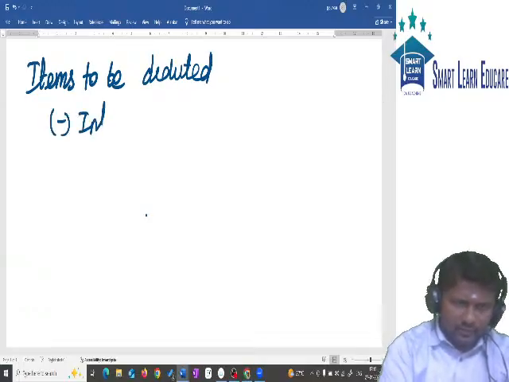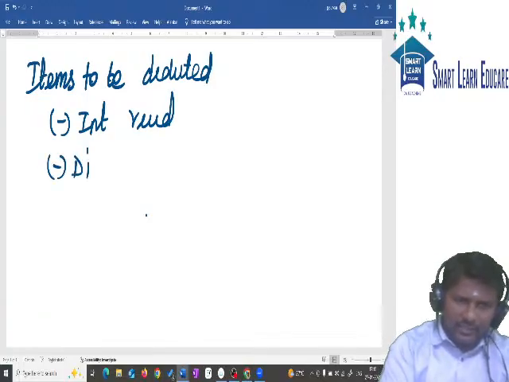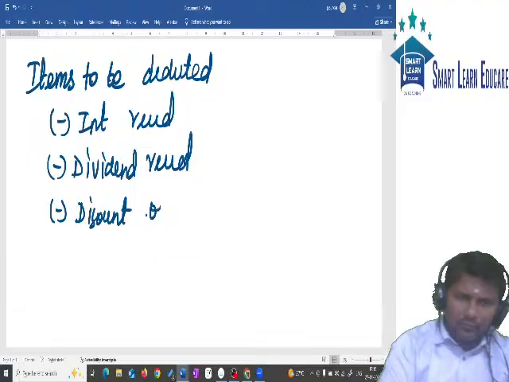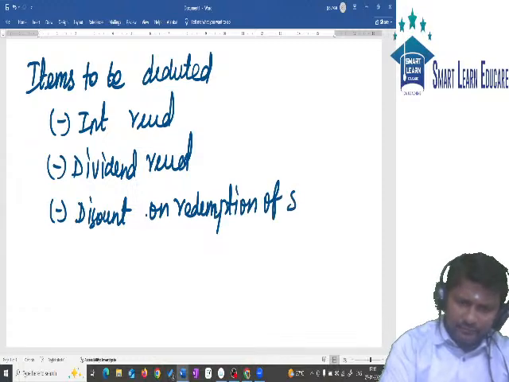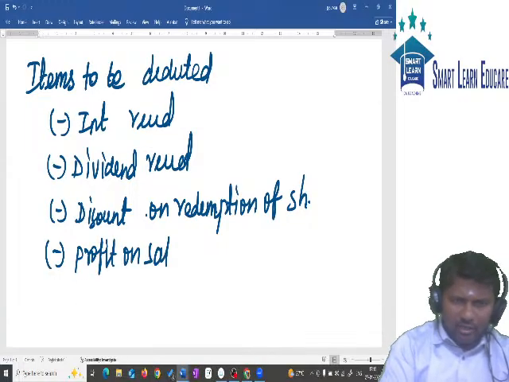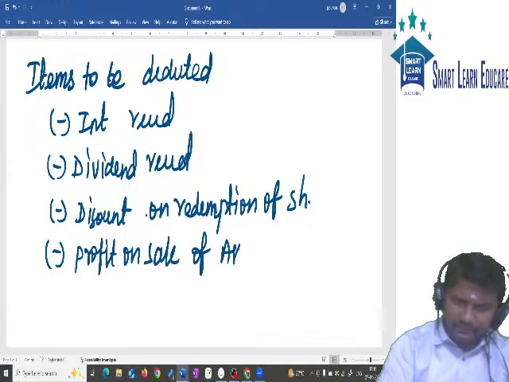Less interest received, less dividend received, less discount on redemption of shares. Loss we added back, so then profit on sale of asset is deducted.